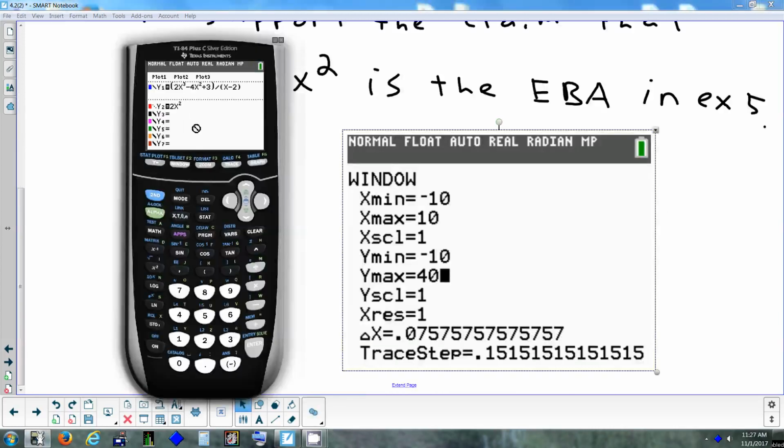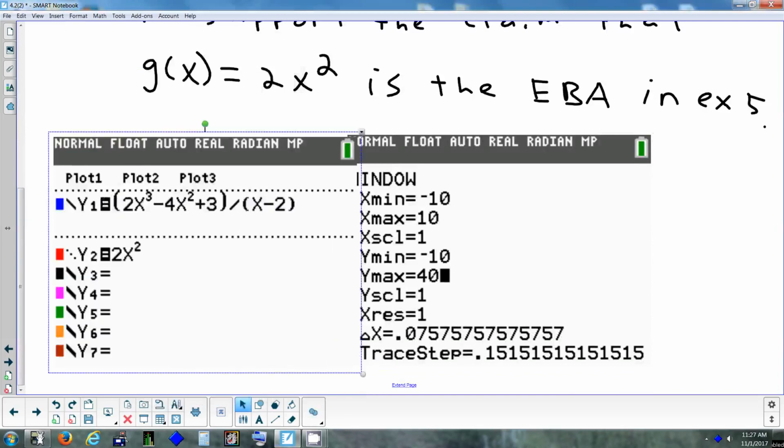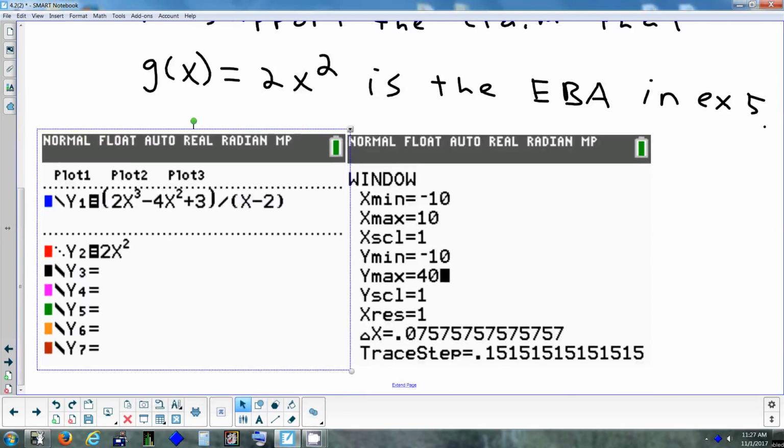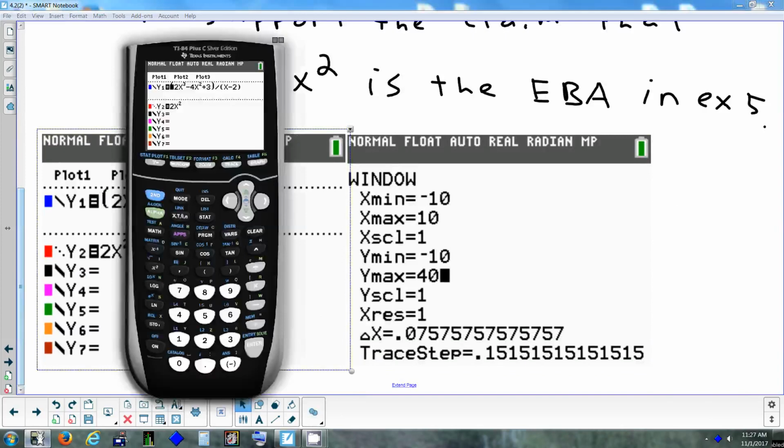And that's what you want to type in for your graph. Okay, let's graph it and see what we got. So that's the graph. And what it's going to draw in red in a second is going to be the asymptote.